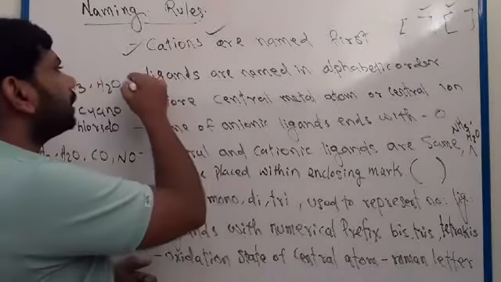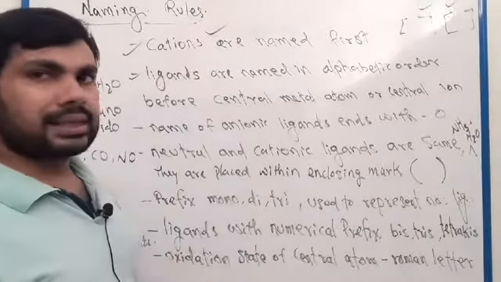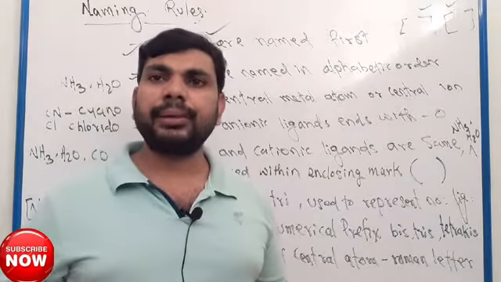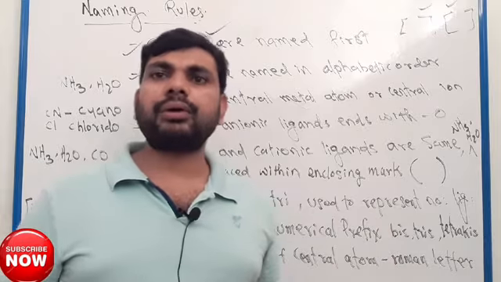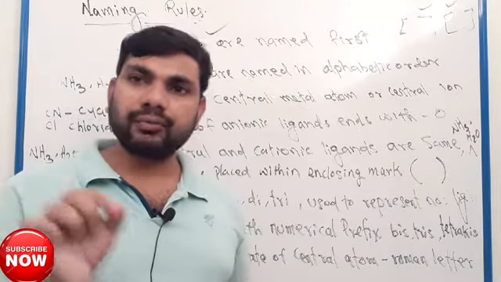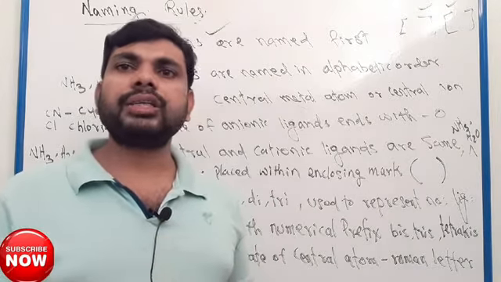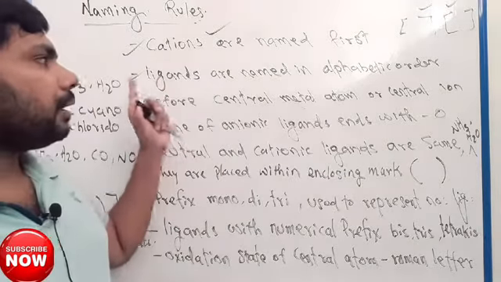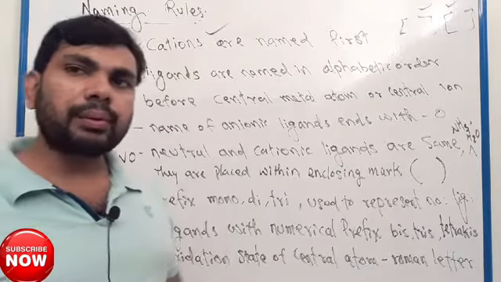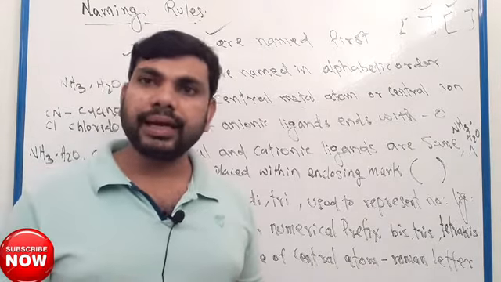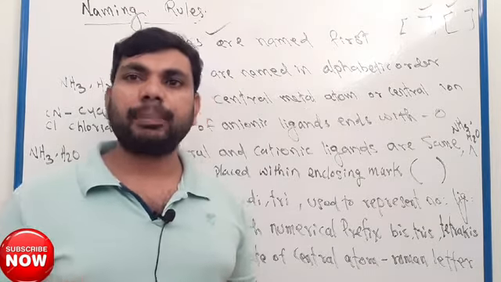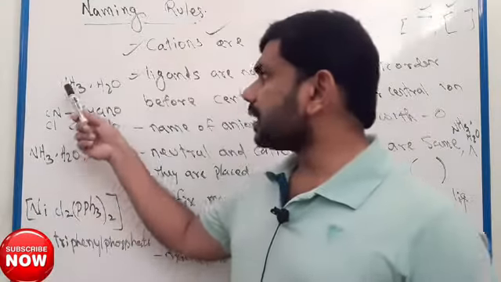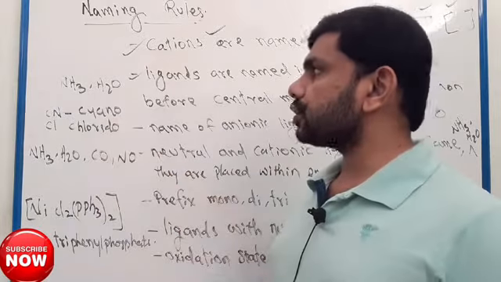Here the second one: ligands, we have to name ligands according to their alphabetic order. The previous one also we discussed, when you are writing formula you have to write according to alphabetic order. Here also, when we are writing the name of a coordination compound, we have to name ligands according to their alphabetic order. For example, look here, these are two ligands, NH3 and H2O.